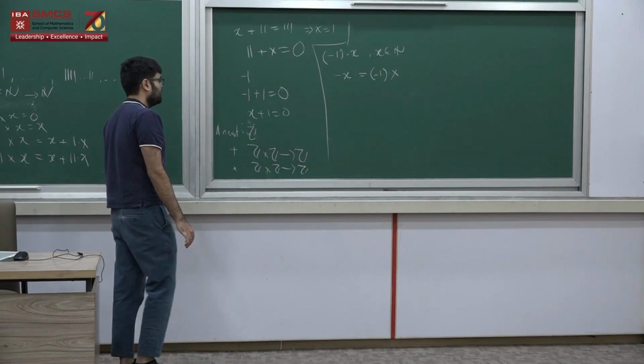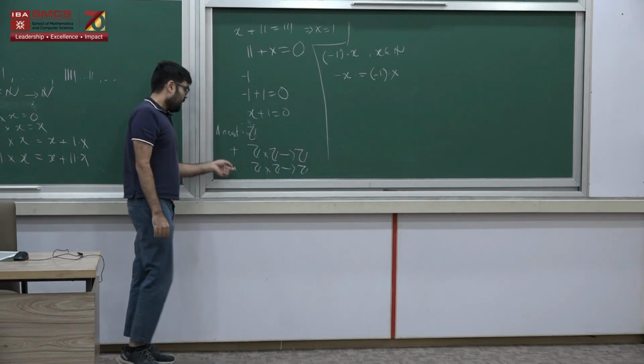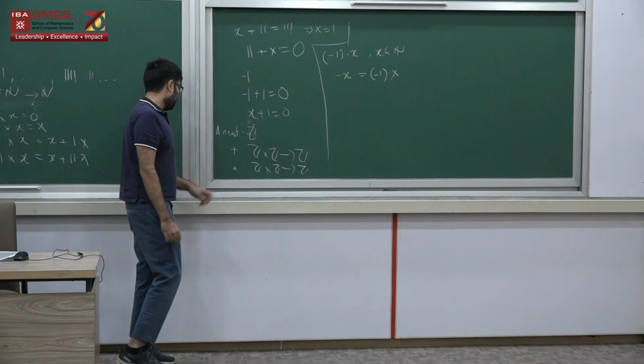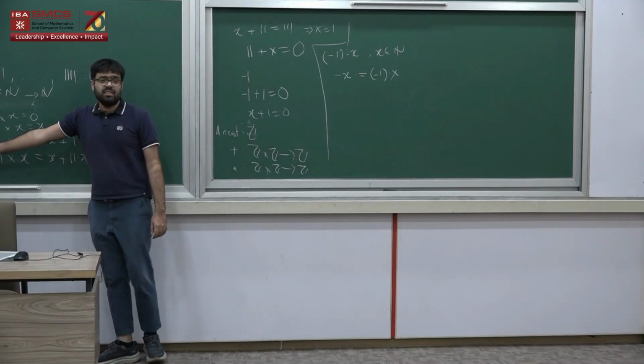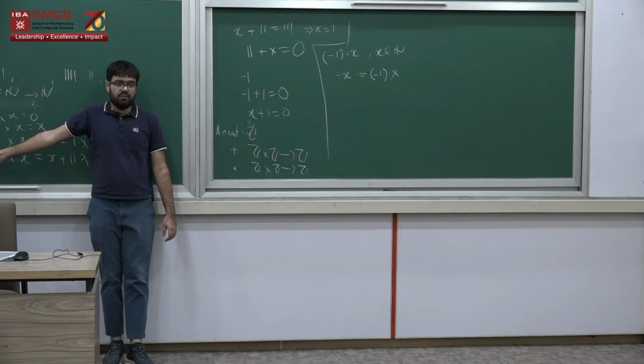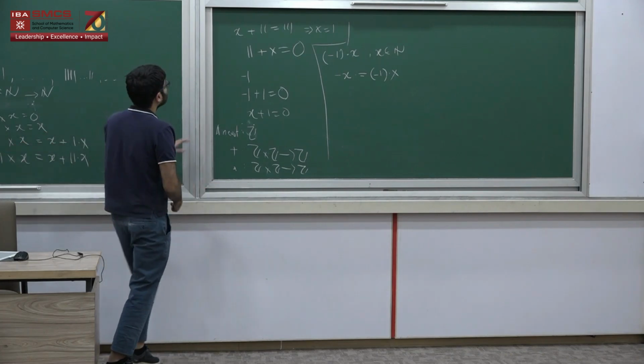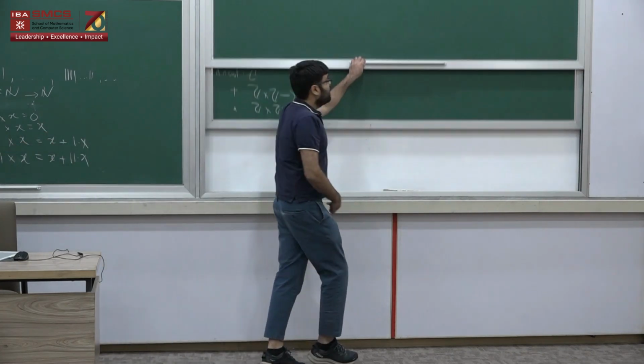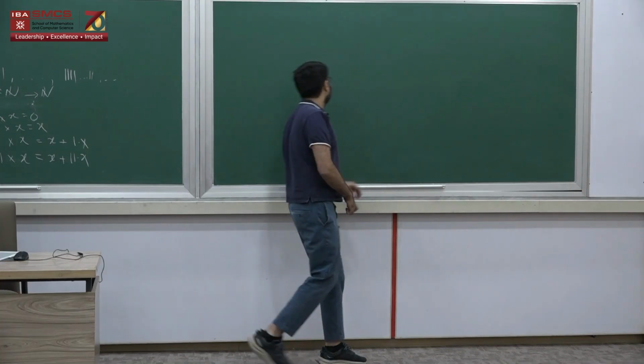And I can check, so I want to extend them, and the way I will extend them is, okay, on this set, this addition and multiplication have some nice properties. So what are these nice properties? Maybe I should have written them before, but I will write them here.